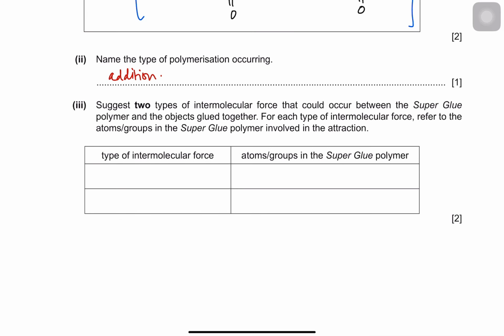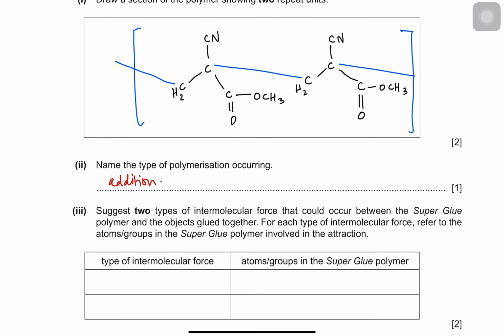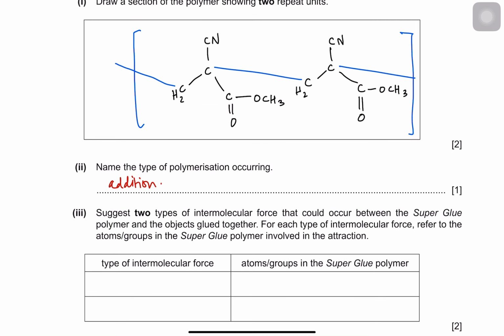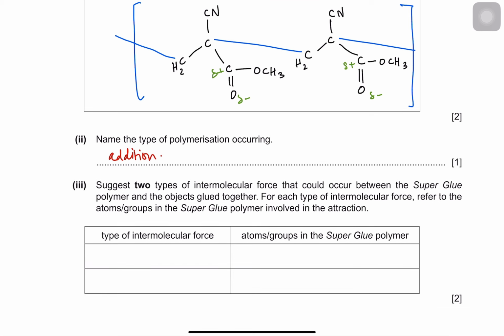Suggest two types of intermolecular forces that could occur between the superglue polymer and the objects glued together. For each type of intermolecular forces, refer to the atoms or groups. अच्छा जी. So I can somewhere somehow see कि भाई यहाँ पे हमारे पास ये partial negative और partial positive वाला एक concept हो सकता है over here. So maybe kind of PD forces will exist.